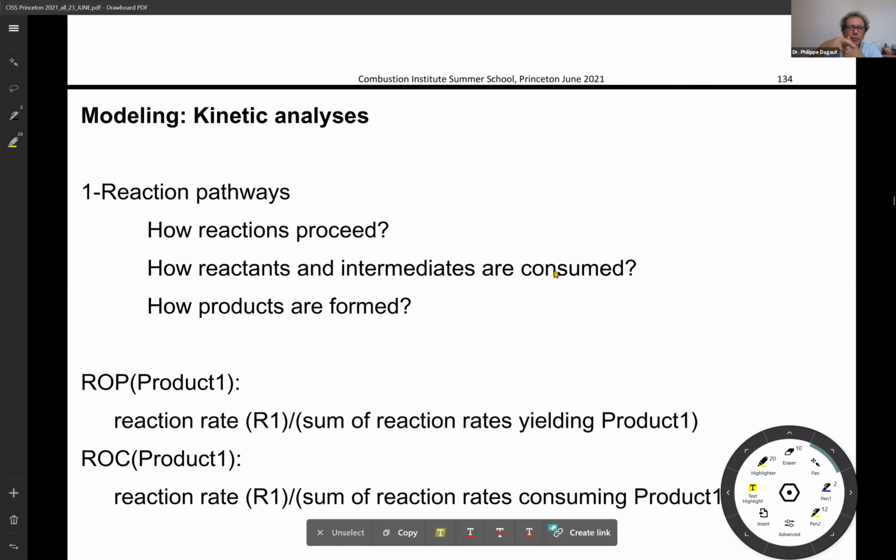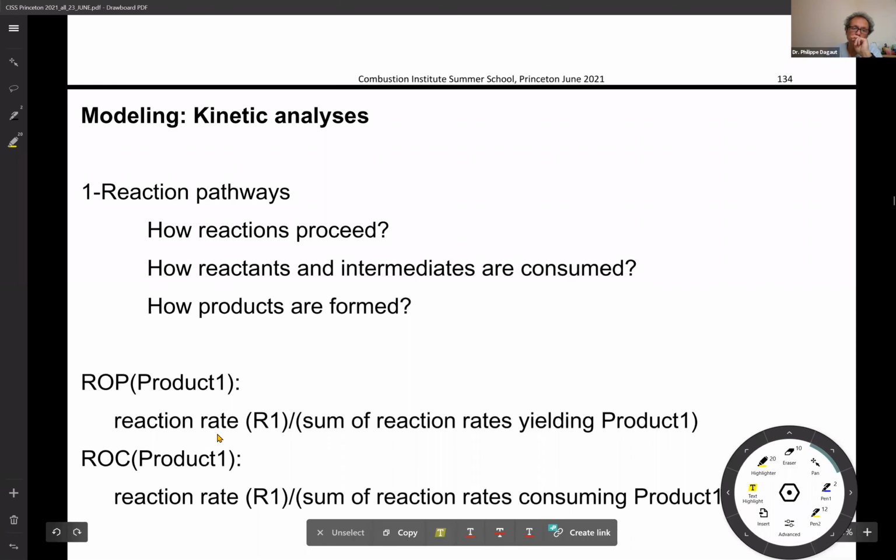So for a given reaction, you can compute its reaction rate and divide it by the sum of the reaction rates producing the product you are interested in, and this will give you the rate of production.